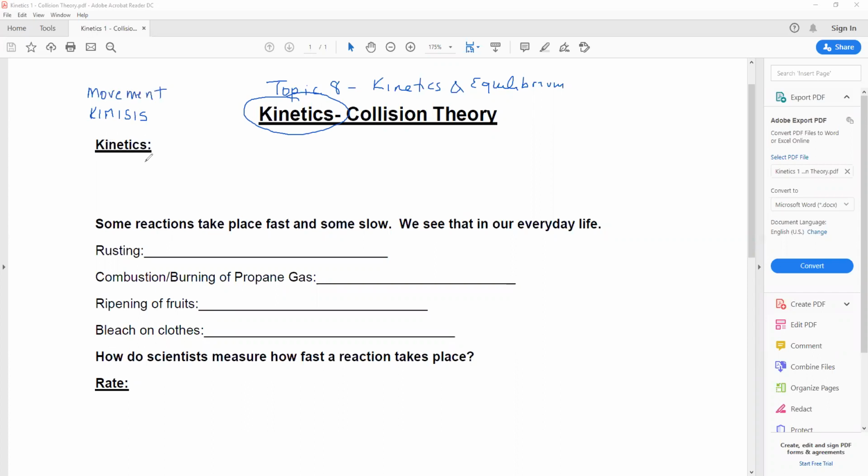I'll explain it, but for now, kinetics is a branch in chemistry that studies, and you should write that down, the rate of a reaction. And you're going to say, what is a rate of a reaction? Well, it studies how fast or slow a reaction takes place.